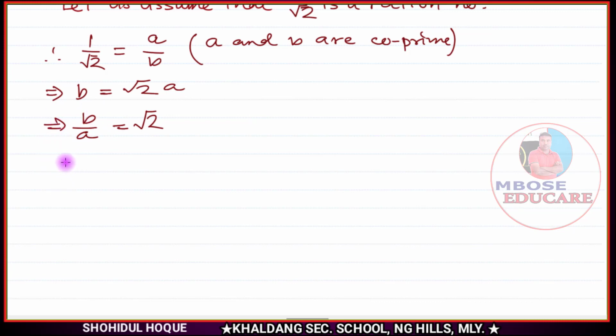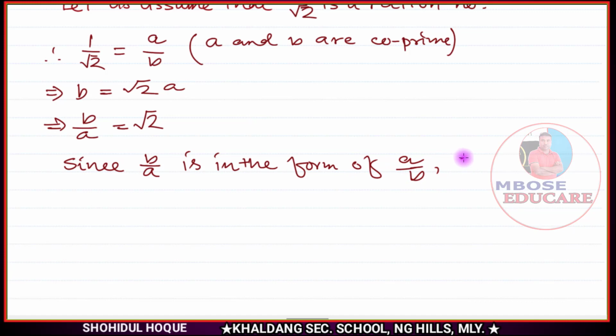So you can write here, since b by a is in the form of a by b, this means b by a is rational.